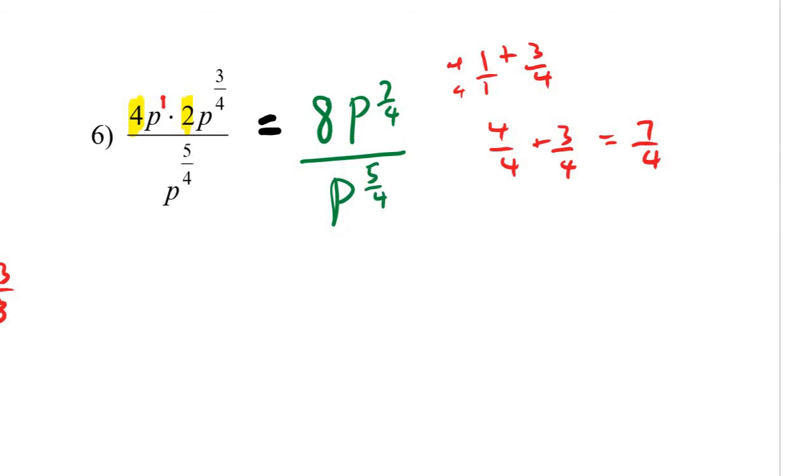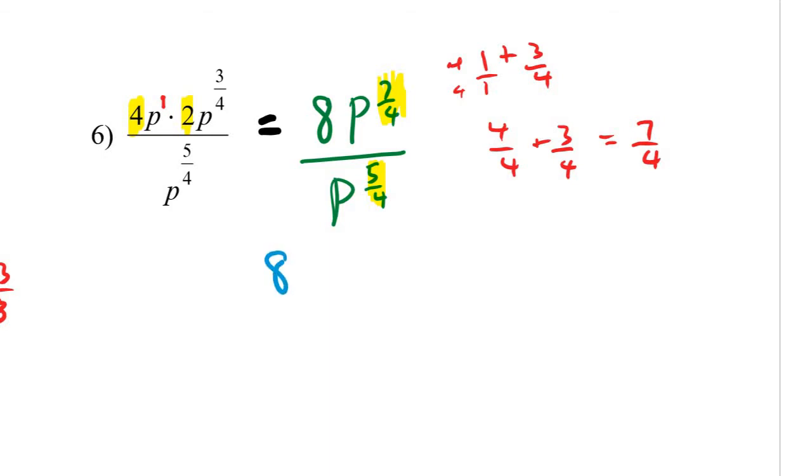Now it's a simple step to apply the quotient rule. By subtracting these exponents, we get the base to be P. So it will just be 8.